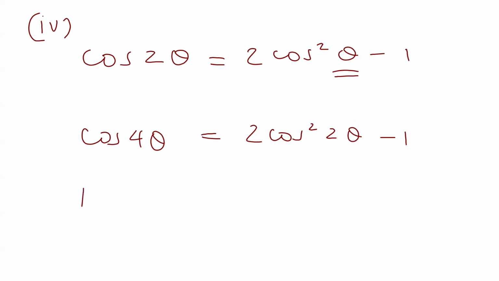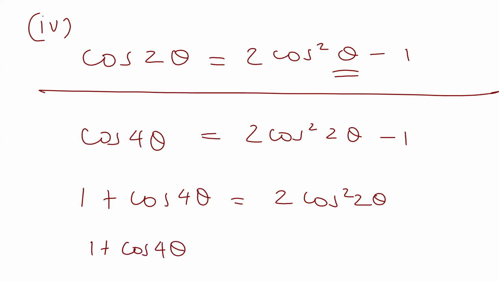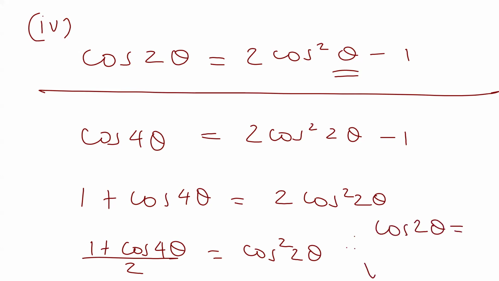So 1 plus cos 4 theta, what I'm doing is I'm taking this minus 1 on the left hand side, is equal to 2 cos square 2 theta. Okay, then divide this entire thing by 2, is equal to cos square 2 theta. Okay, therefore cos 2 theta equals square root of 1 plus cos 4 theta by 2. Fine.